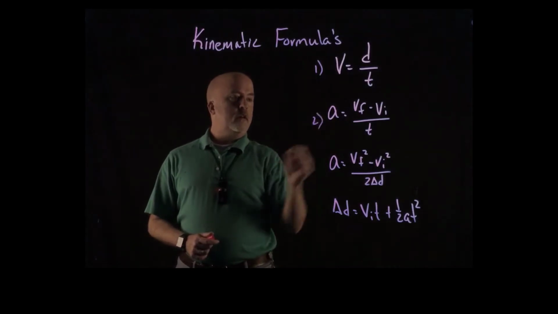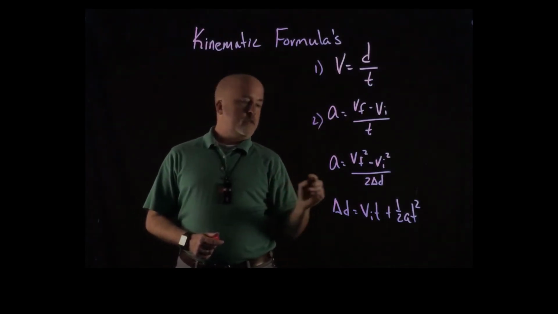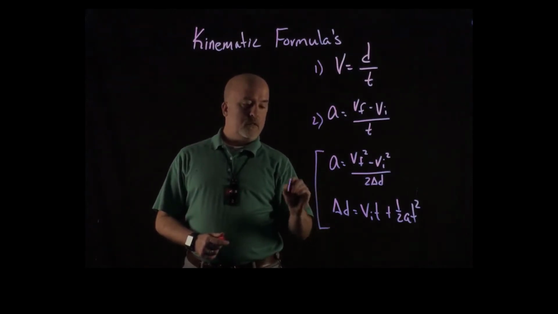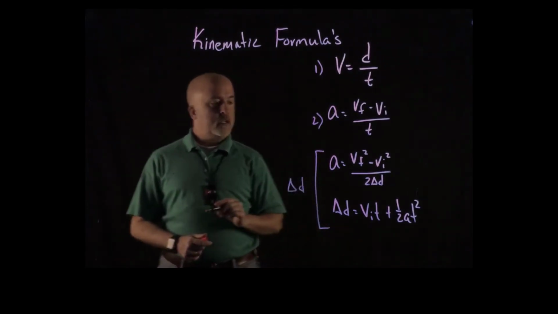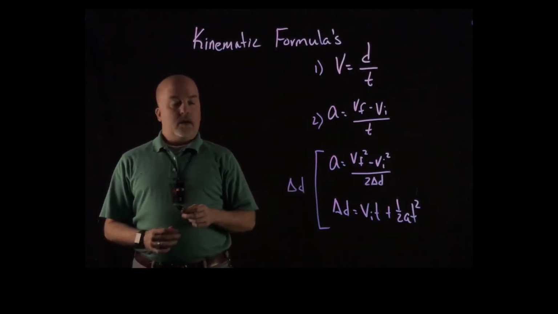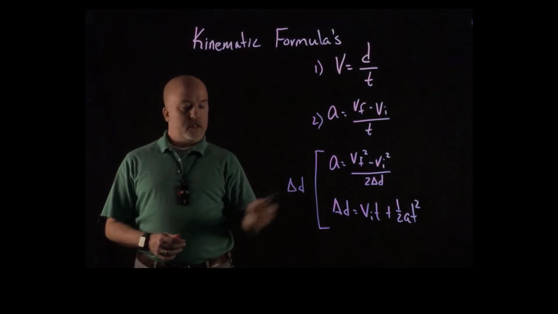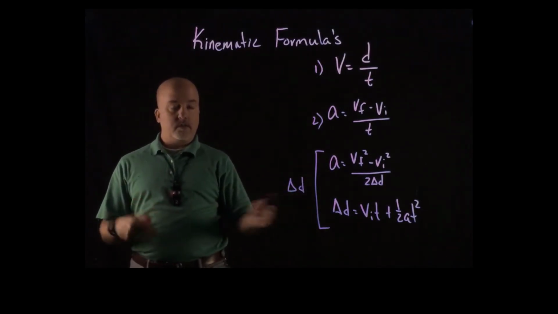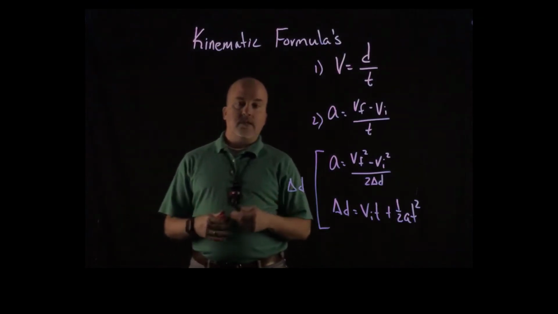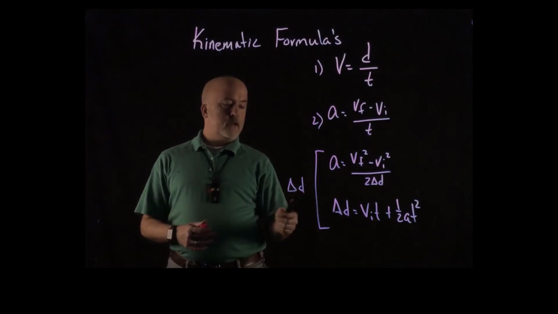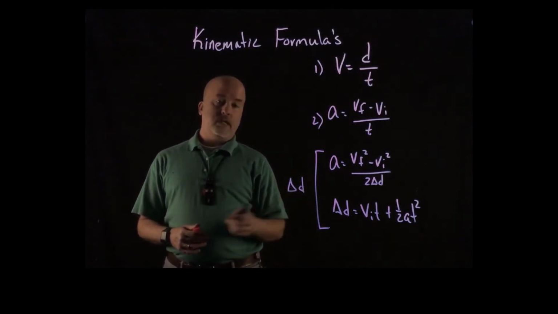This is acceleration, and these two will give me some sort of displacement. I signify that displacement as a delta D. Delta meaning change in, and D meaning distance or some sort of ground that's covered. We'll get into distance and displacement. They're a little bit different from each other, but for purposes right now, this is a change in displacement.